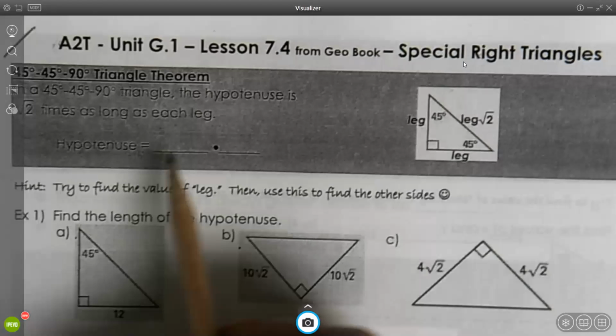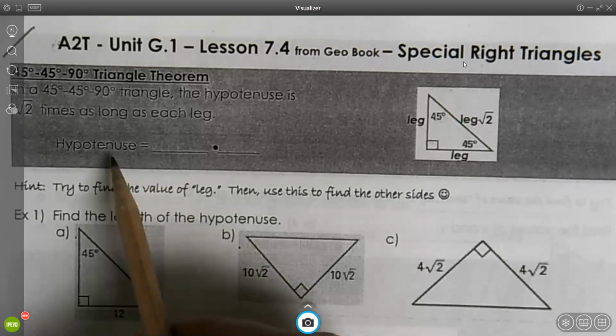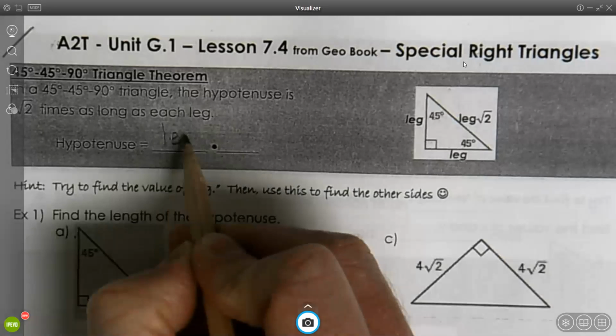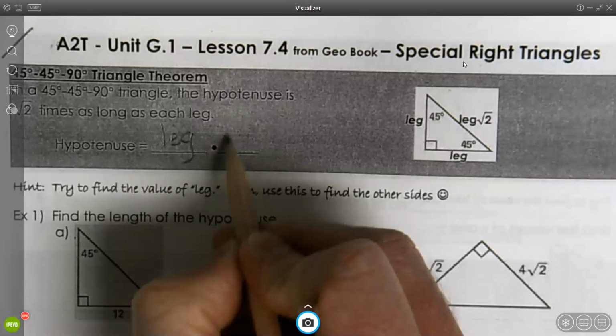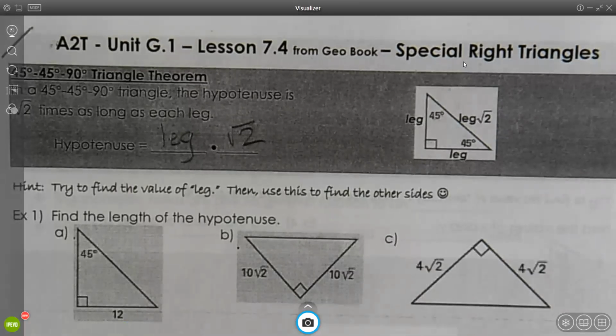Working with a 45, 45, 90 triangle, we have a formula we can use: the hypotenuse is always the leg times root 2. Leg root 2 is the formula for calculating the hypotenuse.